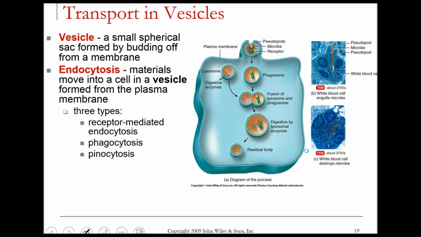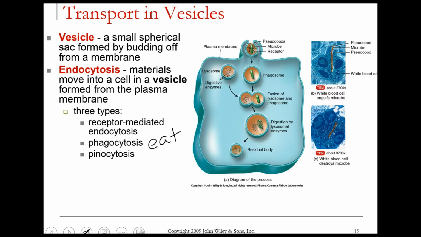The next type of endocytosis, as we can see from this picture, is phagocytosis. And the term phago, P-H-A-G-O, literally means to eat. So this is going to be movement of a fairly large particle, like a microbe, like a bacterium, into the cell.